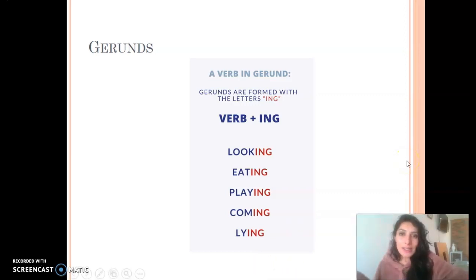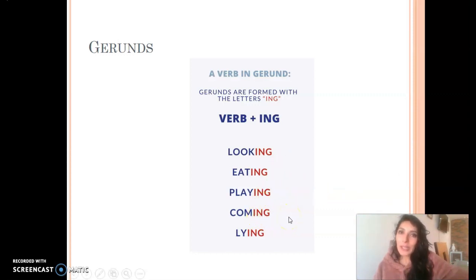As you can see here, there are many different verbs that we can transform into the gerund form, but there are some special cases that are a little bit more complicated to transform. In this case, we have the verb come.